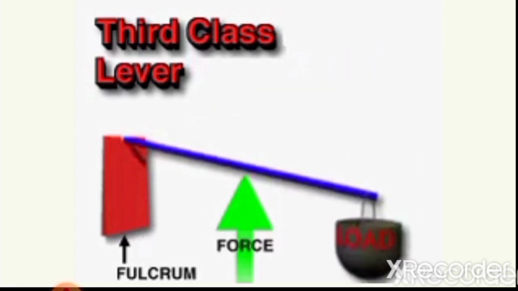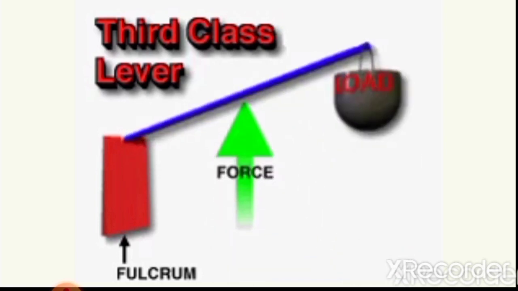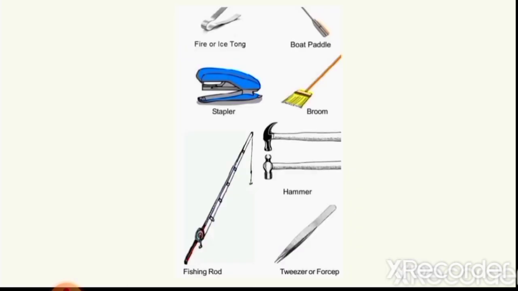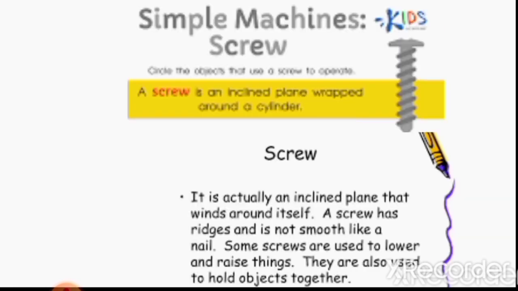The next is the third class lever. These usually have the load at the end instead, and the force in between the fulcrum and the load. For example, staplers. If you watch carefully, the stapler has the fulcrum at the end, the load is also at the end. Those are like the baseball bat, and so on.